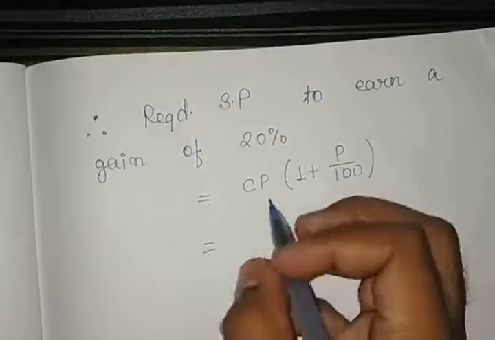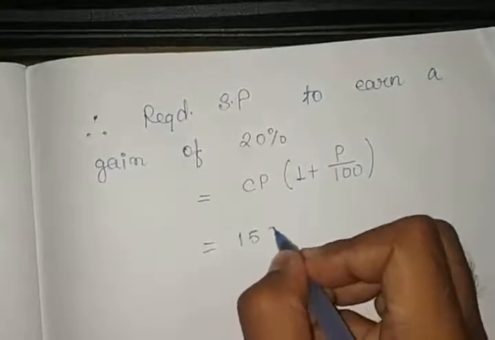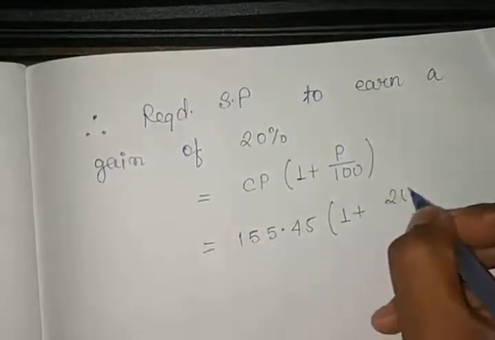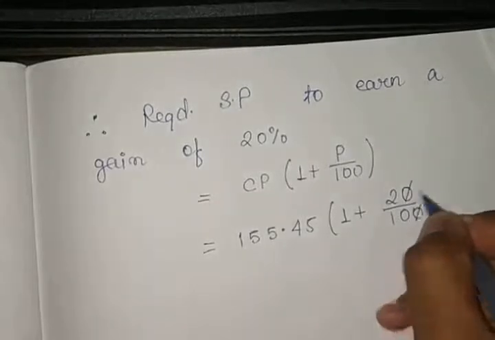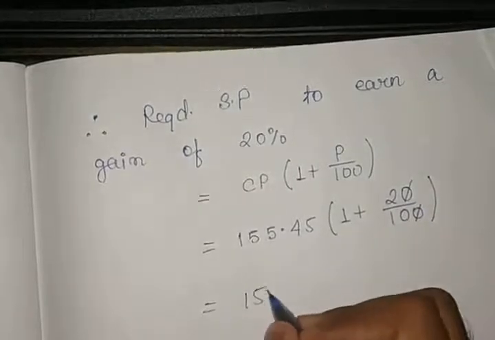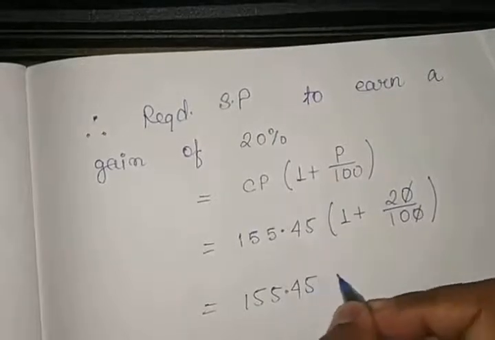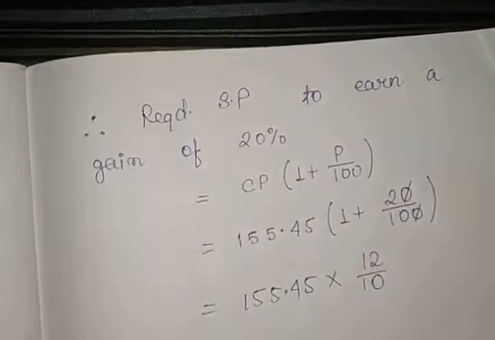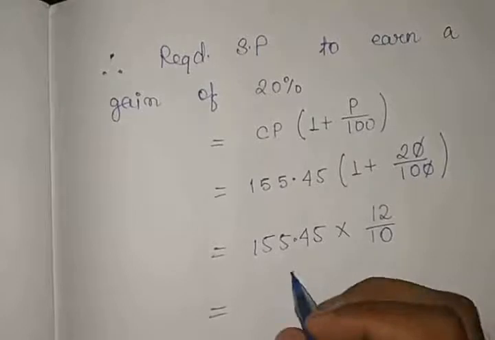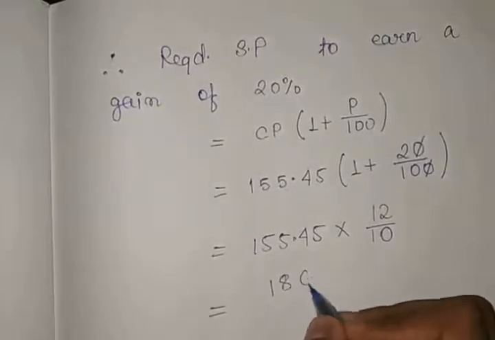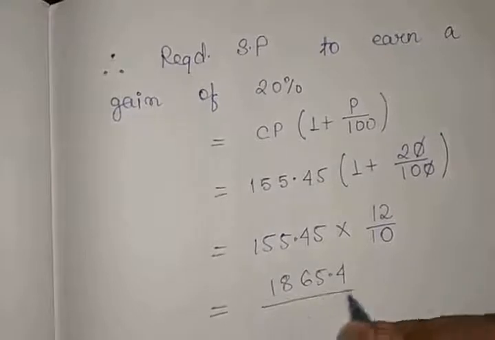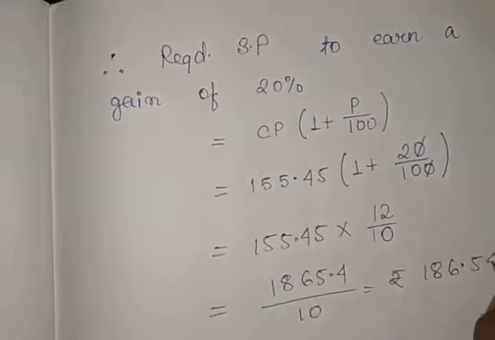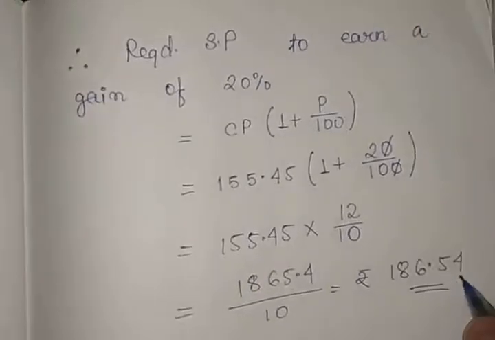The cost price we have got is 155.45, into 1 plus 20 by 100. This will cancel out. 155.45 into 12 by 10. After multiplying these two, we will get 1865.4 divided by 10. This will finally give the result 186.54, and that will be the answer.